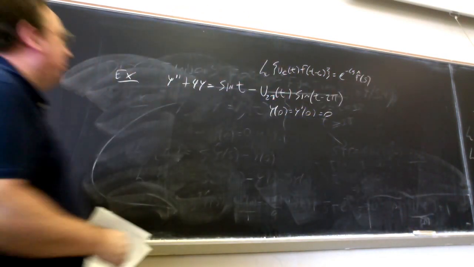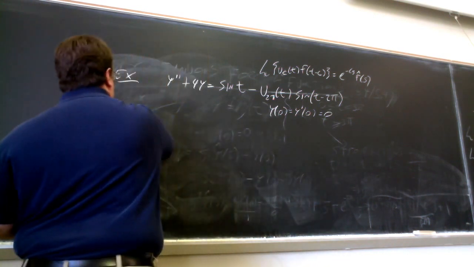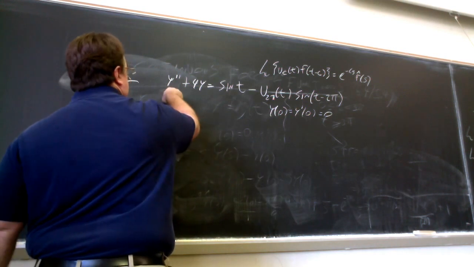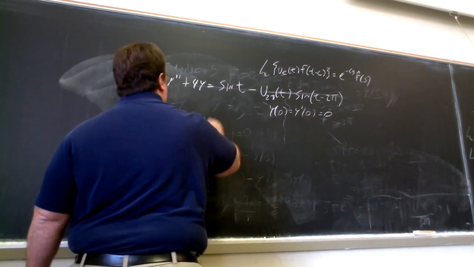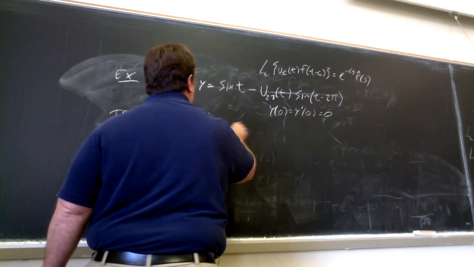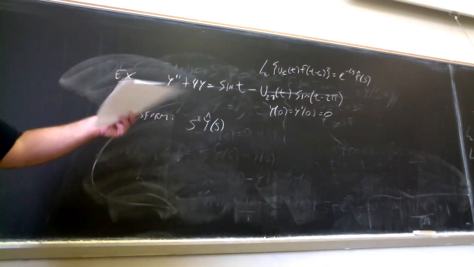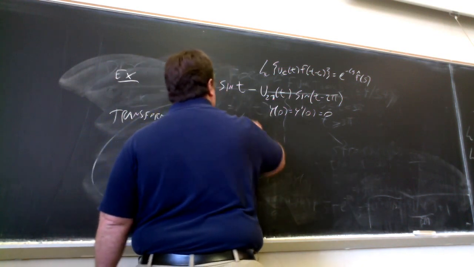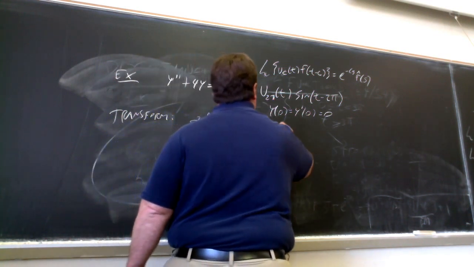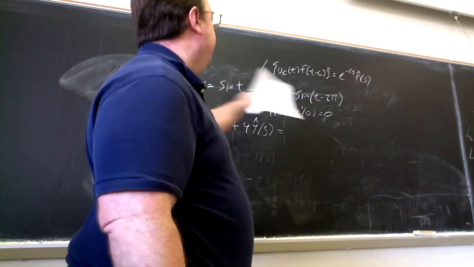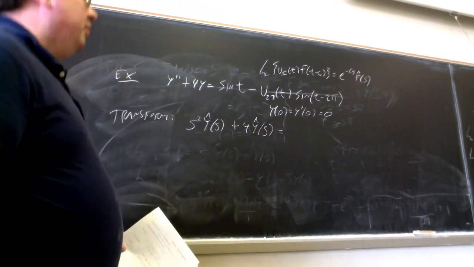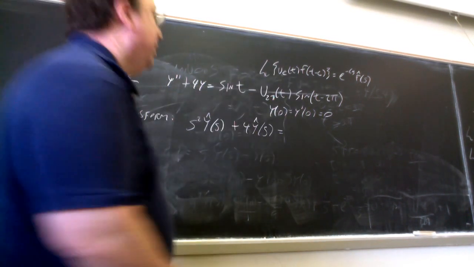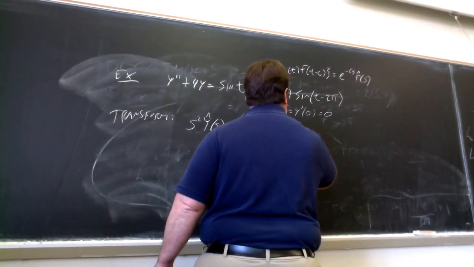Okay, so when we transform both sides of the equation, for the second derivative we're going to get s squared y hat of s. Normally we would have two terms in here for the initial values, but they're both 0. And then we have 4 y hat of s is equal to the transform of this side. The Laplace transform of sine t, we have on the upper board there, is 1 over s squared plus 1.